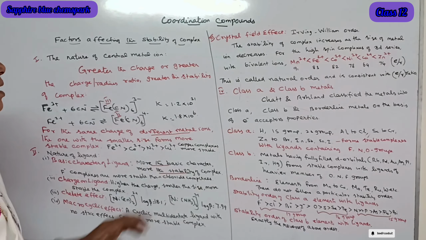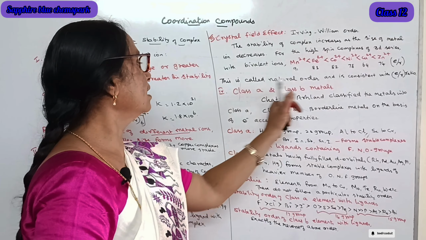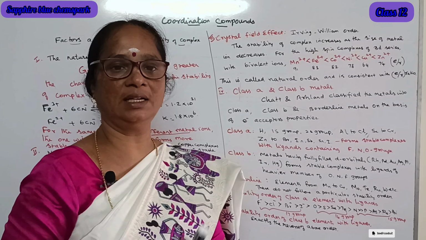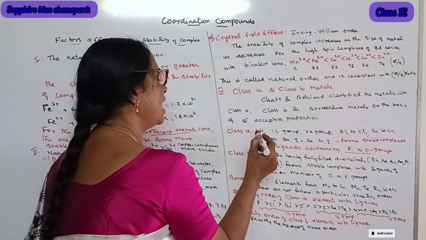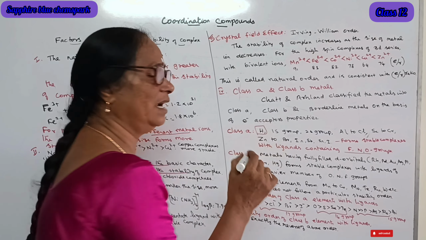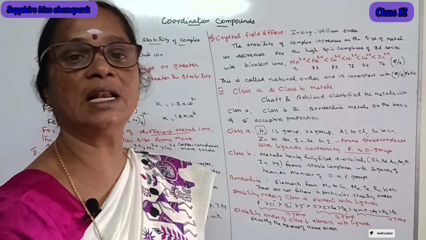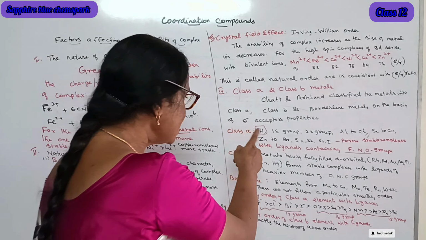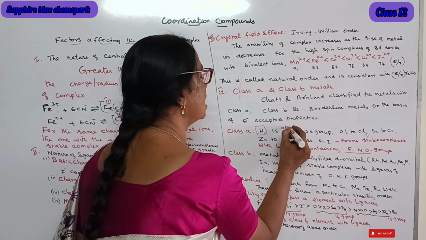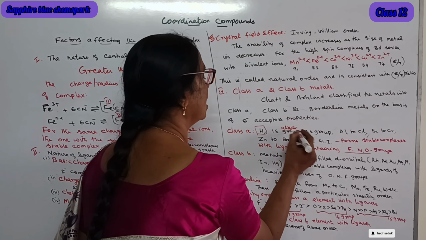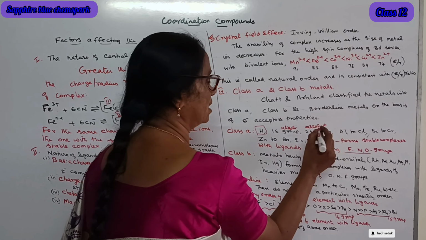The next one, class A, class B metals. The class A, class B classification is simply based on the periodic table. Here I have given hydrogen. Hydrogen itself forms a ligand type only, that is the hydride ion. Except hydrogen, we have to consider the group 1 elements, the alkali metals, and group 2 elements, the alkaline earth metals.